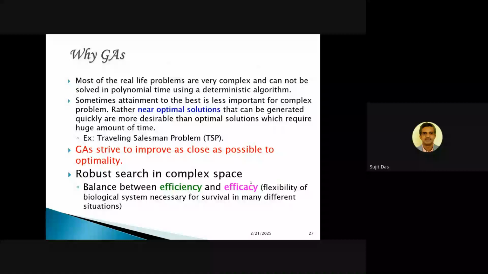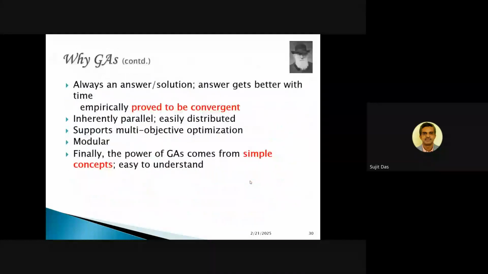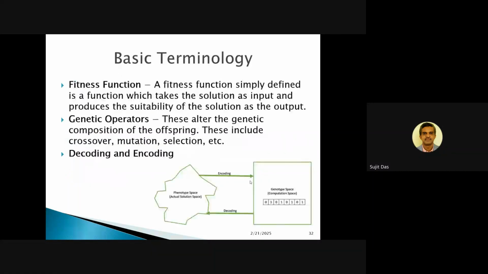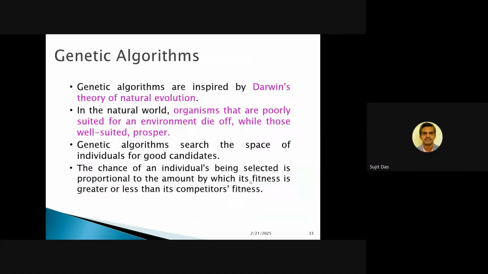Okay. Now let me focus on these ideas, what I was telling initially. From natural selection, we got some pairs of good solutions, and then on those pairs of good solutions, we apply this crossover.